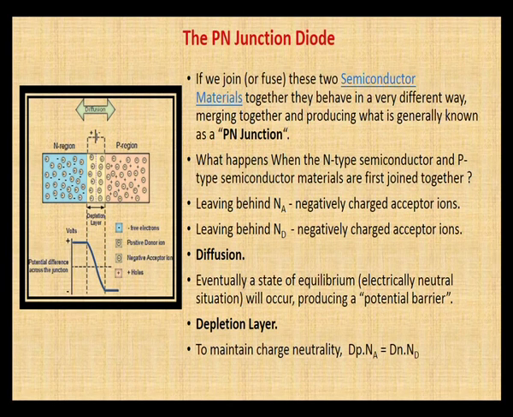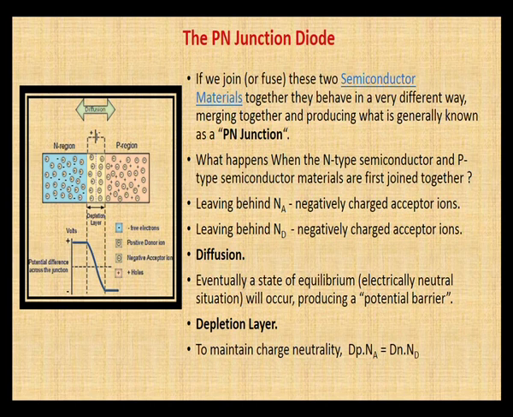The depletion layer has charge neutrality. How is this neutrality maintained? There is a density of positive donor ions in the depletion layer, as well as a density of negative acceptor ions in the depletion layer. These two will be equal in density. The charge density of the p region and the n region will be the same.